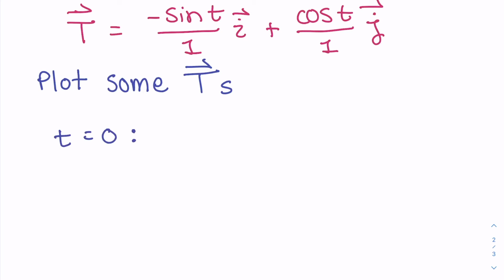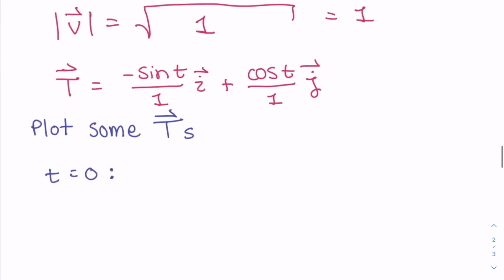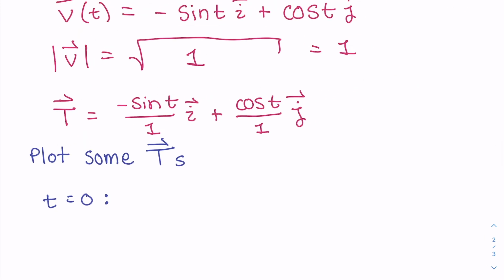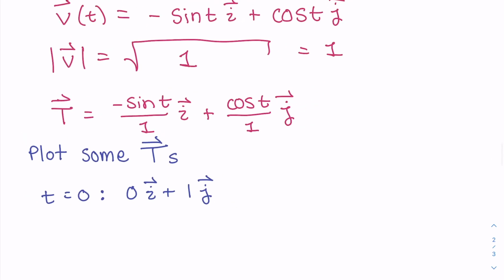So in this case, at t equals 0, let's plug in 0 into our unit tangent function. Sine of 0 is 0, so we get 0 in the i component, and we get 1 in the j component, because cosine of 0 is 1. So this becomes the vector 0i plus 1j. Now this one's really easy to view, because you can see that it is of length 1.